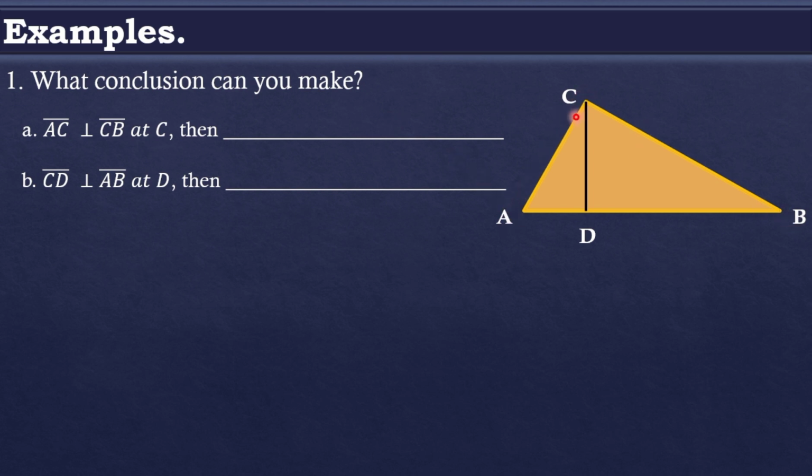So, automatic, magpo-form siya ng right angle. So, since sinabi perpendicular, ibig sabihin right angle to. So, anong conclusion ang mabubuo mo dyan? Therefore, angle ACB is a right angle. Okay? Next, segment CD. Ito naman, segment CD is perpendicular to segment AB at D.